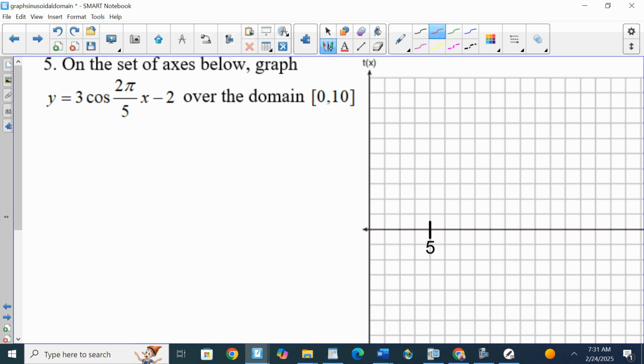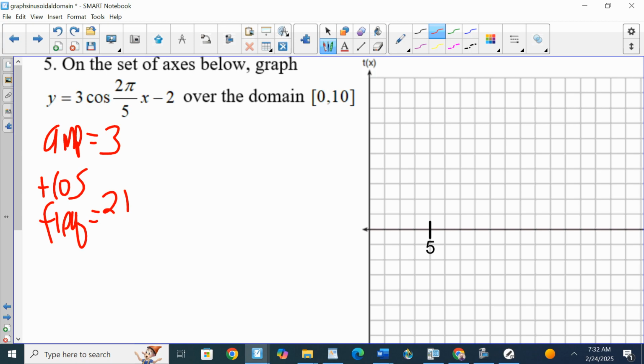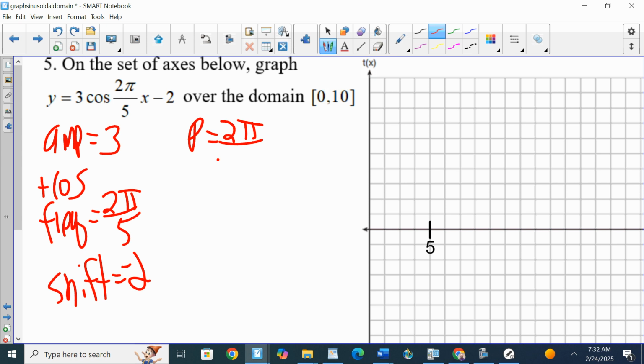So amp is 3, positive cosine, freq is 2 pi over 5, shift is negative 2, period equals 2 pi over the frequency, keep, change, flip, period is 5.